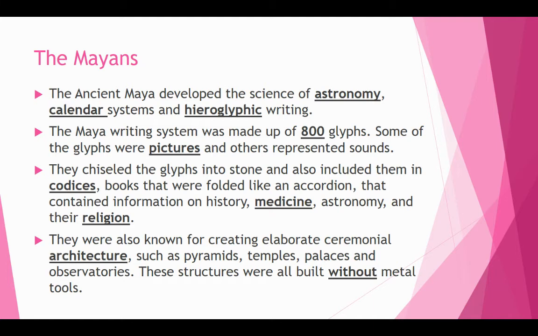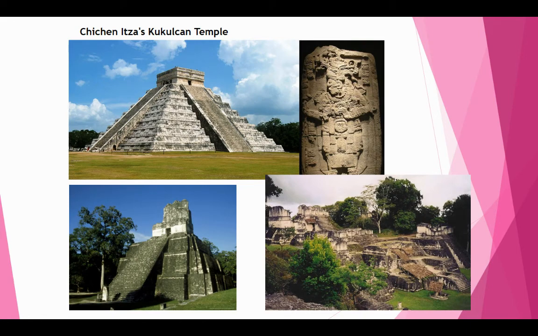They're also known for creating elaborate ceremonial architecture, such as pyramids, temples, palaces, and observatories. And these structures were built without metal tools. This is what they look like. This is one of the most famous examples of Mayan architecture, Chichen Itza.